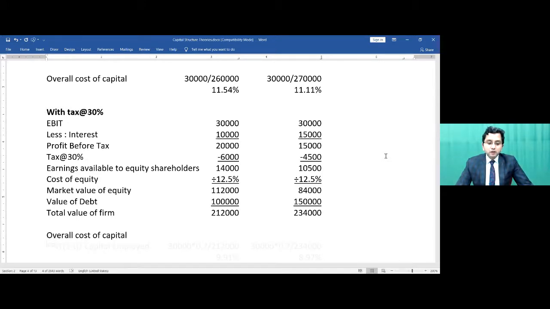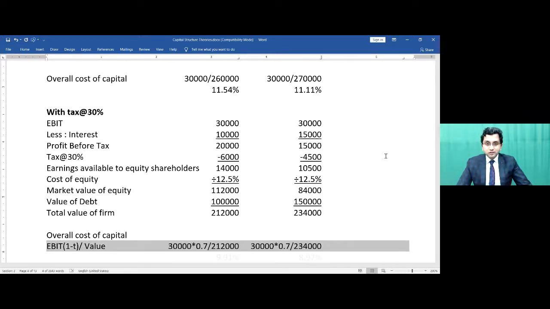Now the shortcut formula will change. The formula for KO was EBIT divided by capital employed, or rather, EBIT divided by value. And now the formula is EBIT multiplied by 1 minus tax rate divided by value. So EBIT here is 30,000.